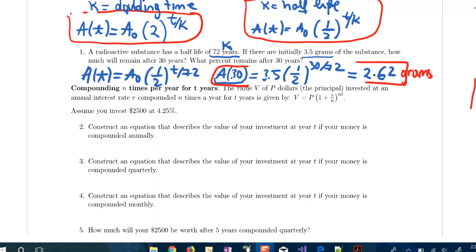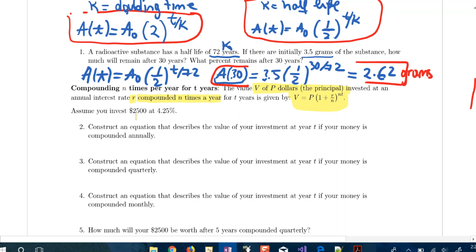Instead of A of t, I'm going to call that V, and instead of A0, I'm going to call it P. You'll see it's the same formula, we're just giving it different names. So the value V of P dollars, the principal, invested at an annual interest rate r, compounded n times a year, is given by this formula. The value stands for the amount after time t, and P is the initial amount, the principal.